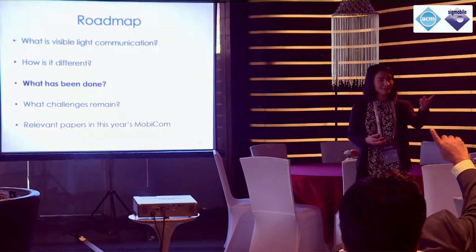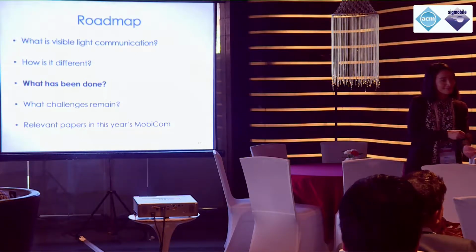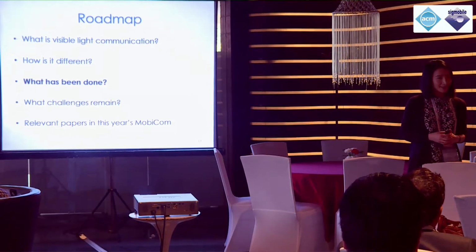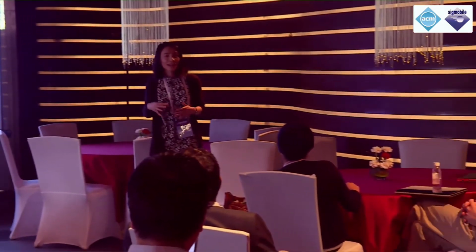Does the ambient light affect the receiving capability? Yes, that will depend on the type of modulation scheme that we're using. As I will show later, if you're using frequency to encode data, it will be more robust to ambient light changes, because ambient light changes almost randomly, so it's close to the DC component.